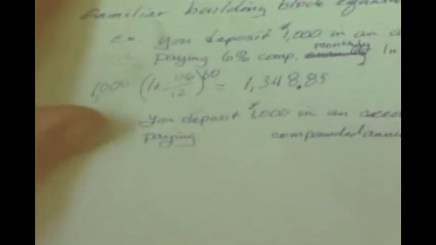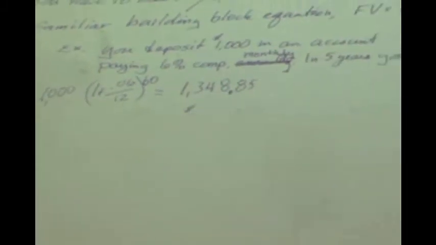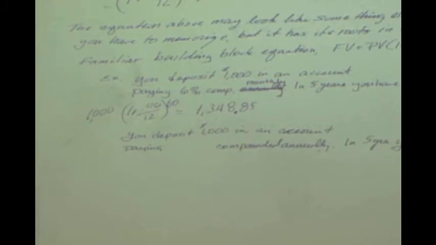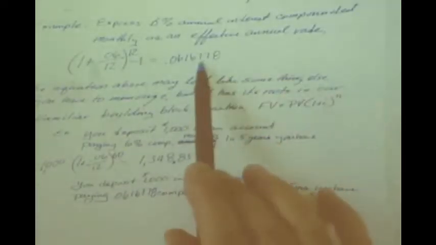Now, suppose you go to another bank and they're paying 0.06167778, just the number we found up here. That's an effective annual rate.